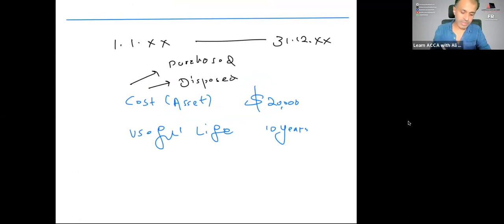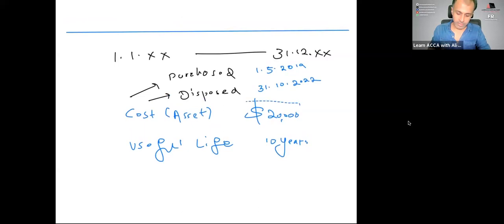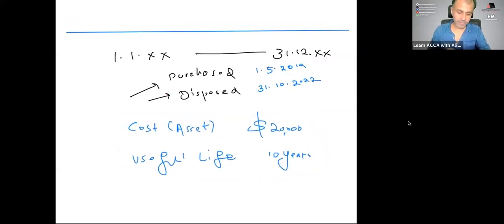The asset was purchased on 1st of May 2019 and disposed on 31st of October 2022. So the day an asset was purchased, the day an asset was disposed, I even have been able to specify.